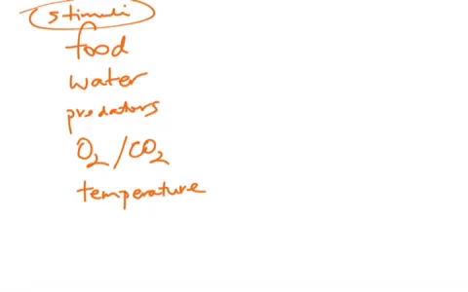If it gets too hot, they can respond appropriately. You might be able to pause this and think of other things in the environment of an animal or plant that they would want to be able to detect so that they could respond appropriately. So we'll leave that particular tutorial there, and we'll look at how nervous systems and hormone systems work in more detail in another tutorial.